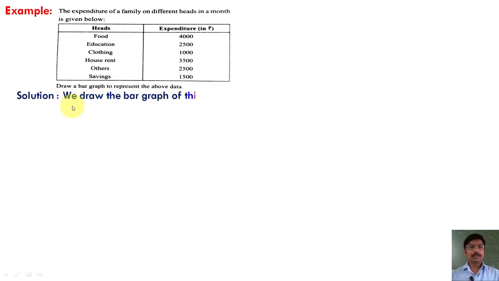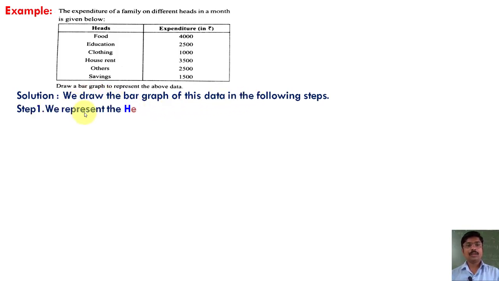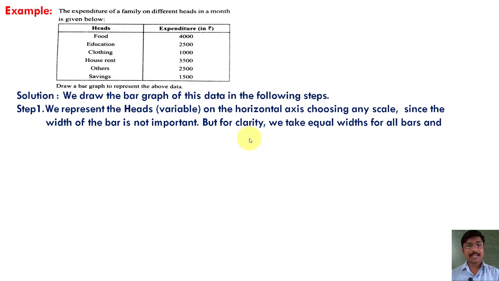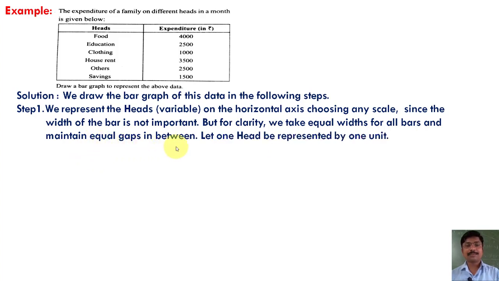Solution. We draw the bar graph of this data in the following steps. Step 1. We represent the heads or variable on the horizontal axis, choosing any scale. Since the width of the bar is not important, but for clarity, we take equal widths for all bars and maintain equal gaps in between.